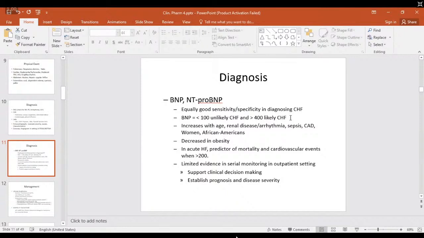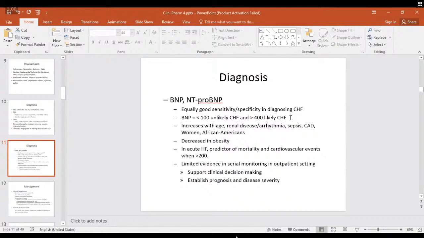So this test is sometimes used in the emergency departments if you are not sure about the cause of the symptoms of your patient, like dyspnea and shortness of breath. They can also have coughing.